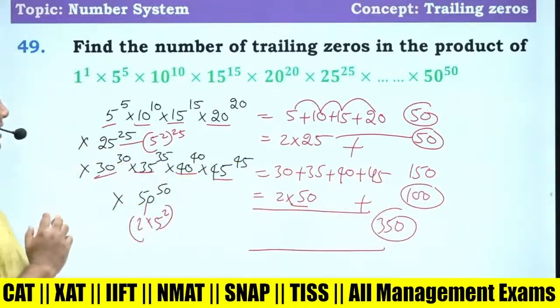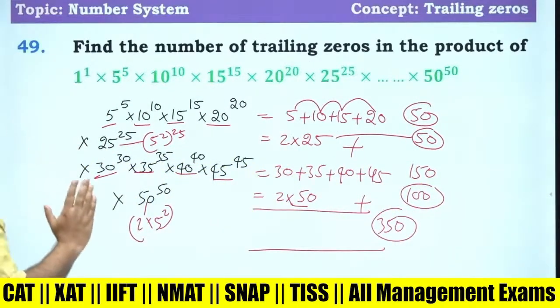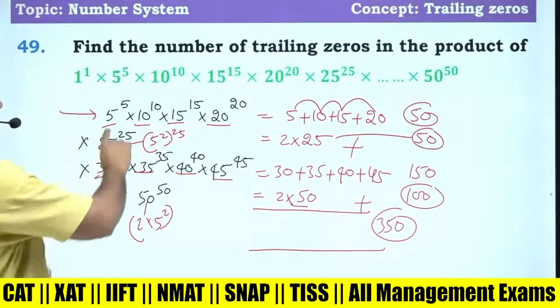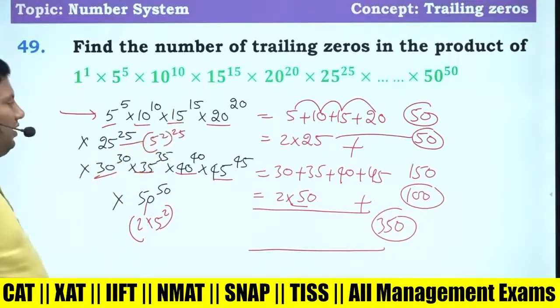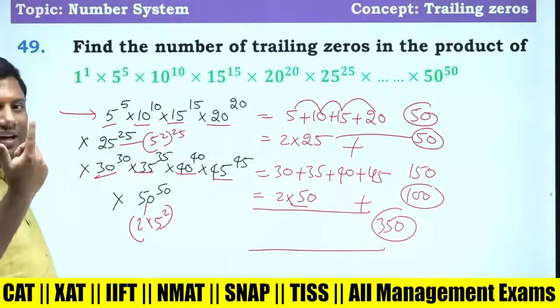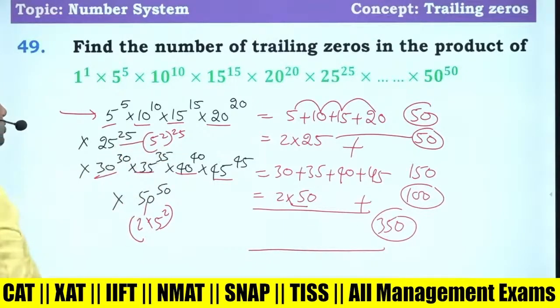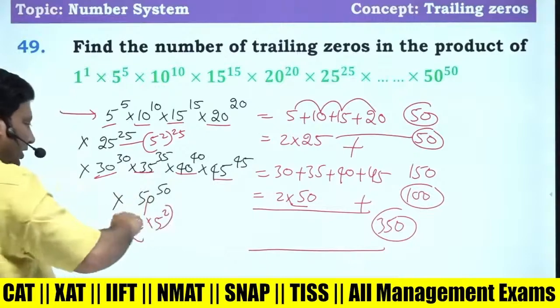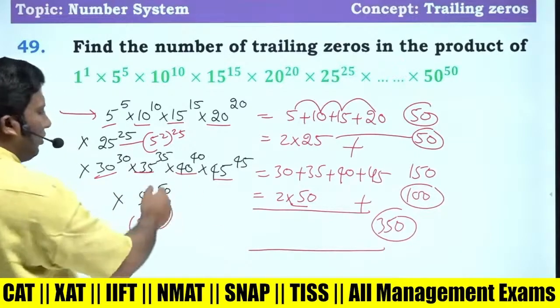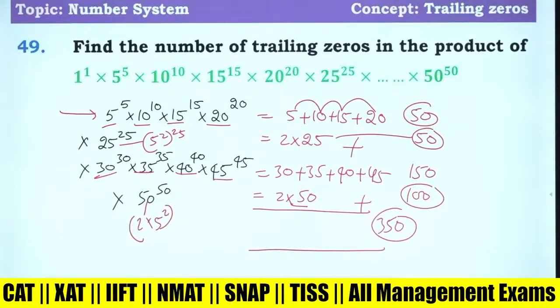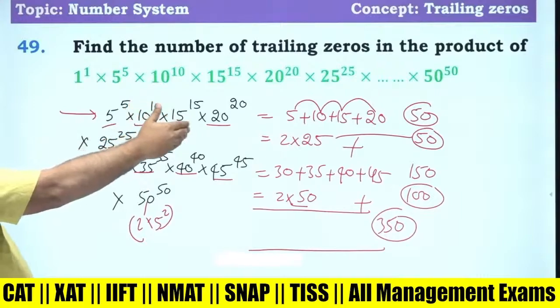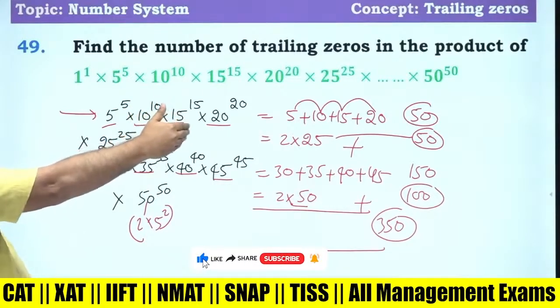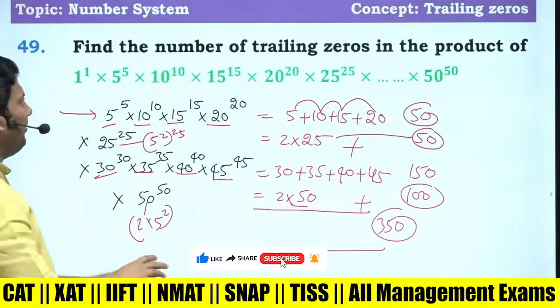Very, very easy question if you understand the idea: single powers of 5 are there, so all will get added. 25 is 5 square, so it is 2 into 25. 50 is 2 into 5 square, so it is 2 into 50. One is 50, another is 50, another is 150 and another is 100. Very, very good question, sir.